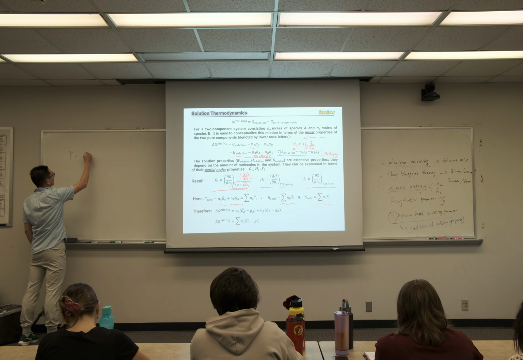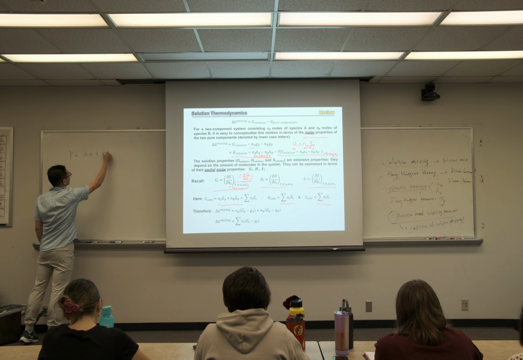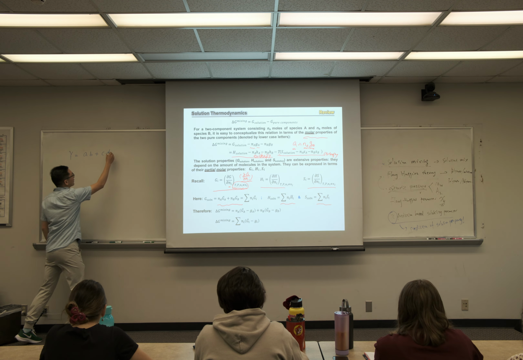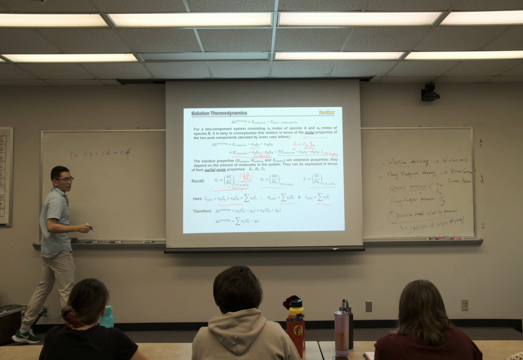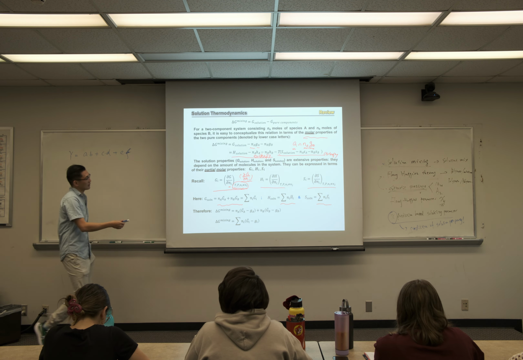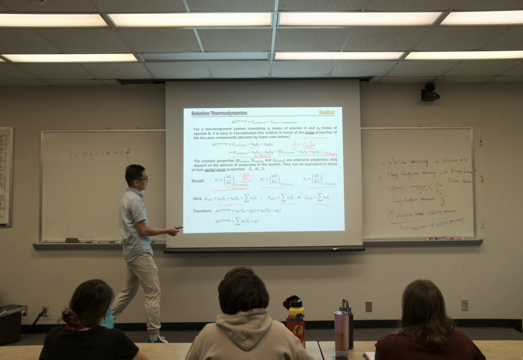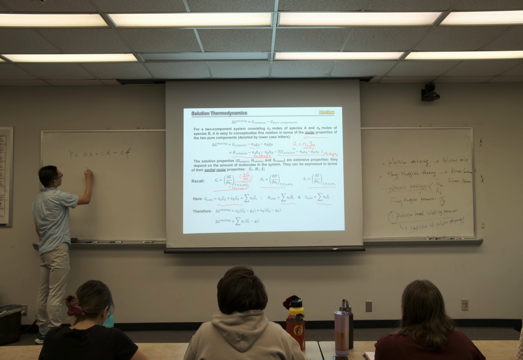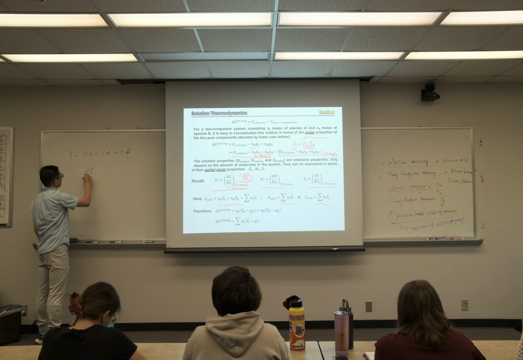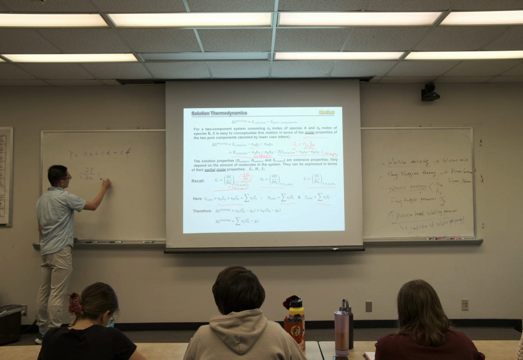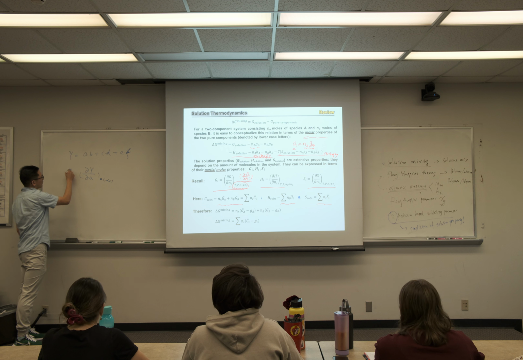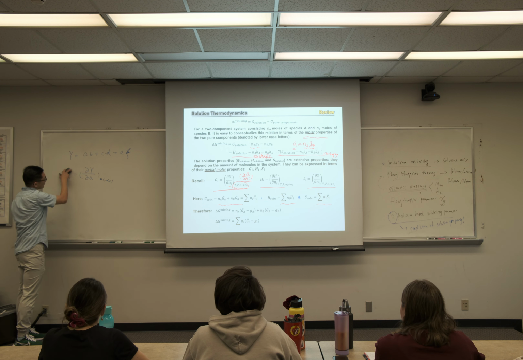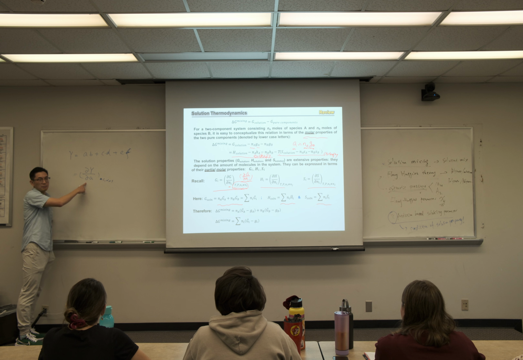Y equals A times B plus C times D plus E times F. So partial derivative basically means this derivative: if I take the derivative with respect to A at constant B, C, D, E, F, this operation is what we call a partial derivative.